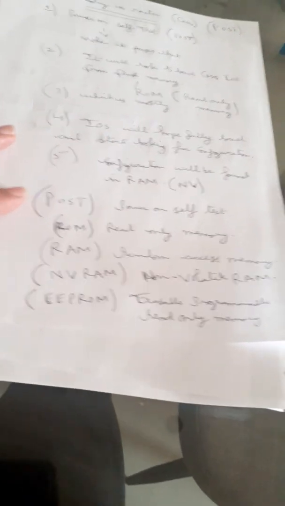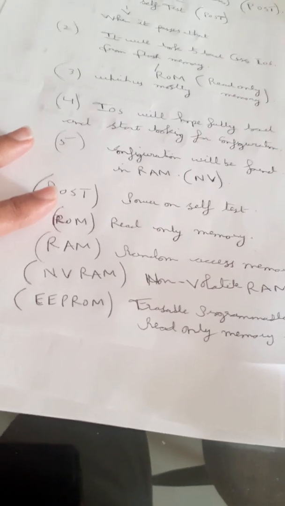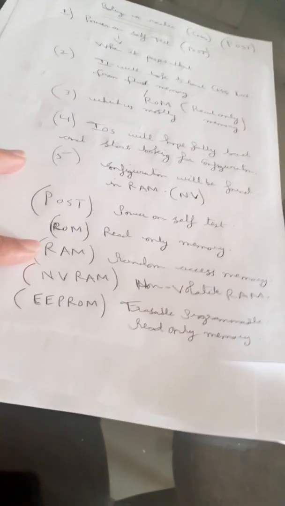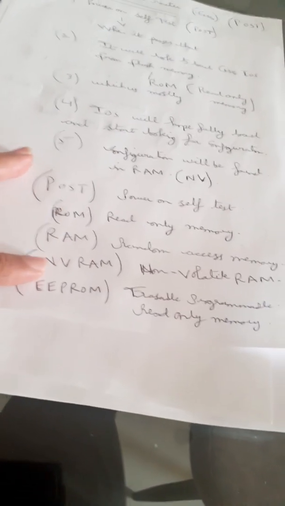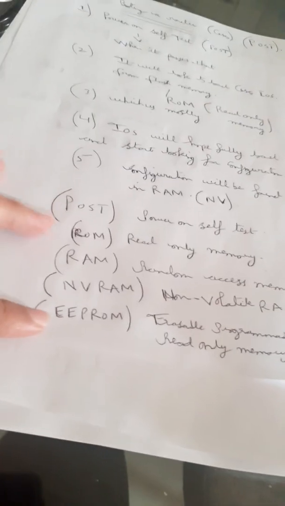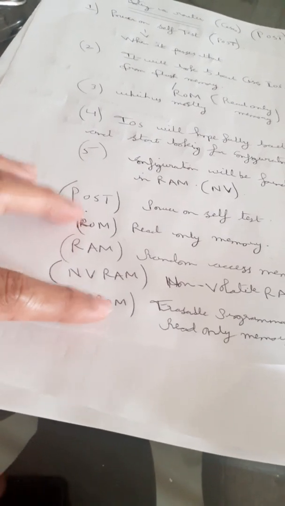If you are going to give a job interview, you need to have the know-how. There's very little chance they'll ask you about this, but technically you should know what these are. RAM is random access memory. NVRAM is non-volatile RAM. EEPROM is electrically erasable programmable read-only memory.